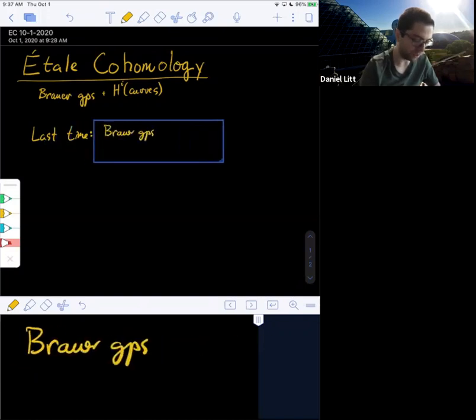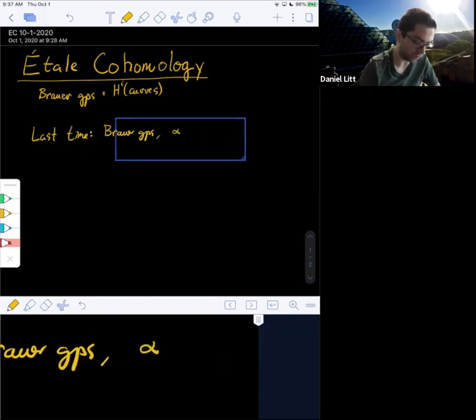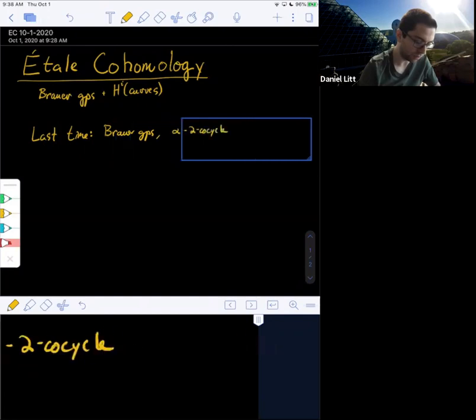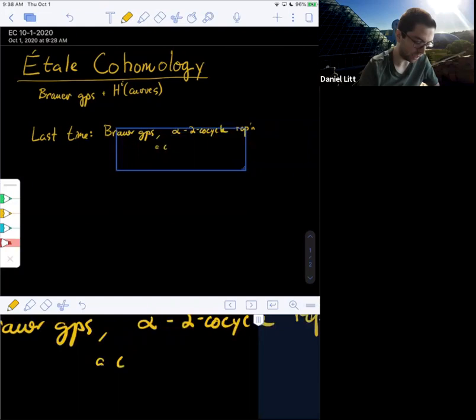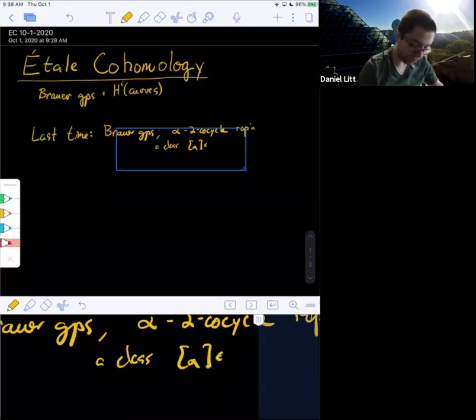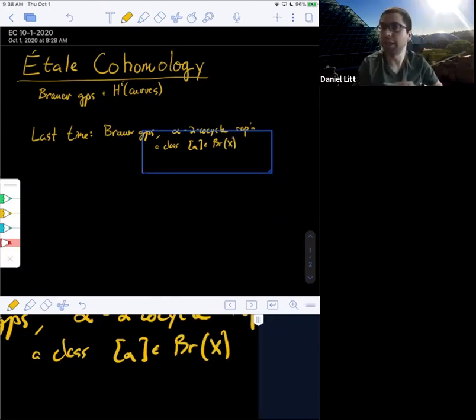And then we interpreted, so given alpha a 2 cocycle, so this was a Čech 2 cocycle representing a class alpha in the Brauer group of X, we learned how to understand it geometrically.